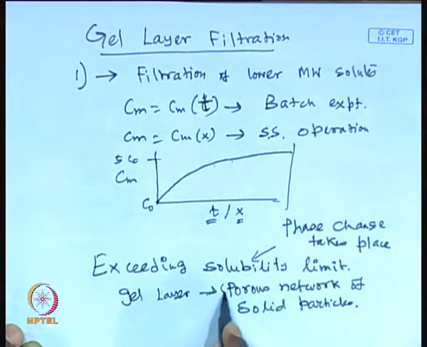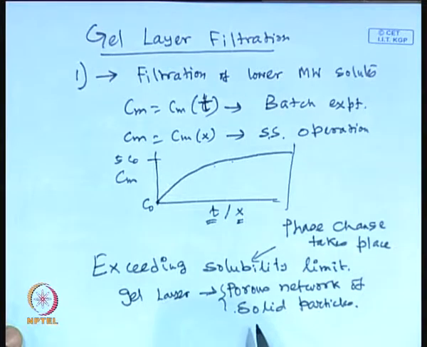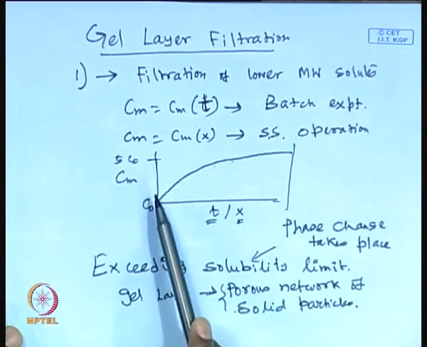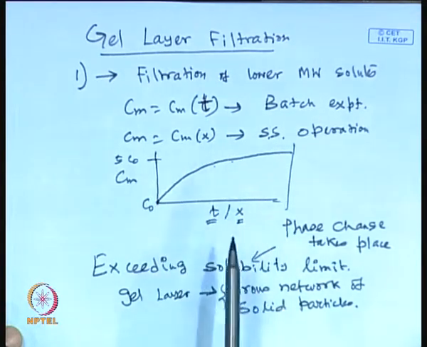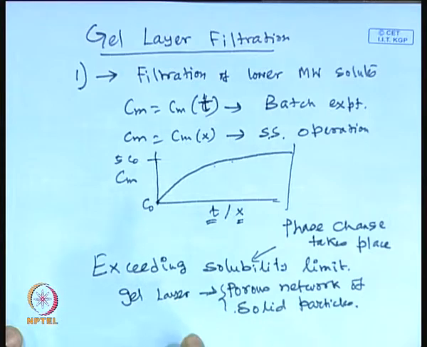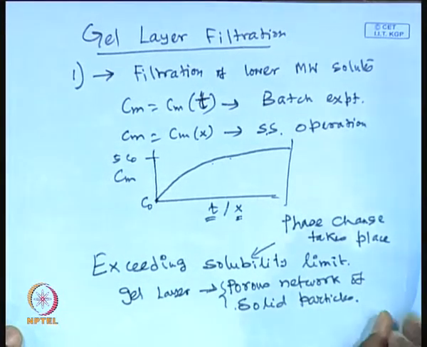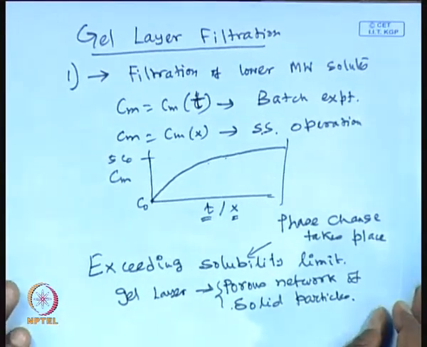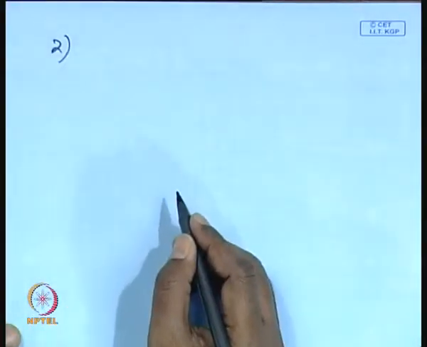So, that leads to the formation of the gel layer, but since it is porous, you can still expect some amount of solvent flux, some amount of J, out of it, but that will typically be lower, and in this case we would like to avoid the gel layer formation, right.